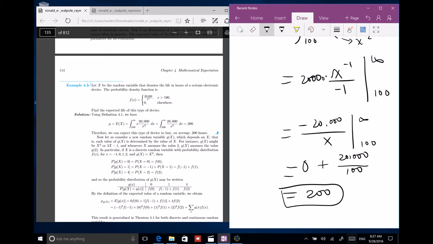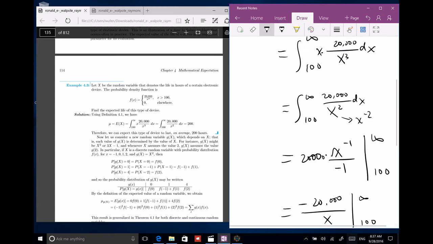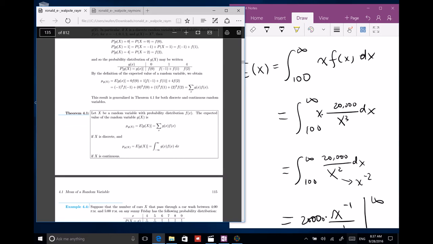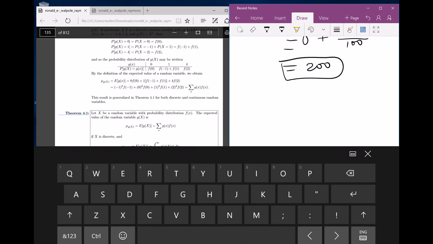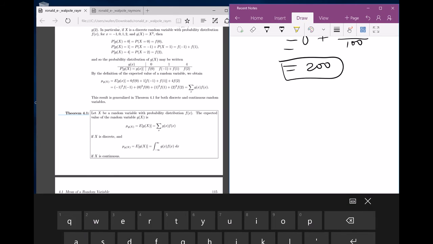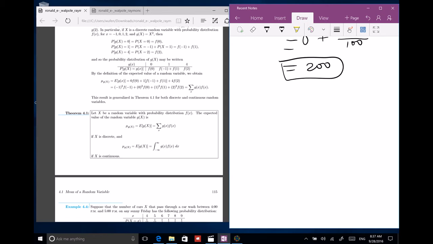All right, this is how you do it for a continuous variable. Next is Theorem 4.1. Let X be a random variable with probability distribution function f(x). The expected value of g(X) is, basically, the expected value where the random variable is a function. So E[g(X)] equals the sum of g(x) times f(x).